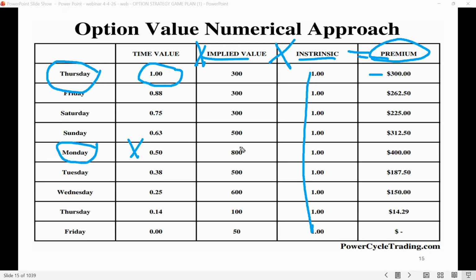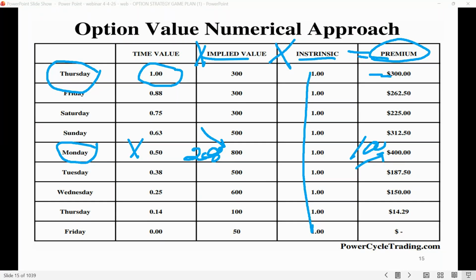And even if the implied volatility in this example spiked up to 800, it barely pushed up the premium. So your value of the option here would be 400, and we started out at 300. If the implied volatility was 200, then the value of your option would only be $100. So it's very important to understand how these components work to give you the value of your option.